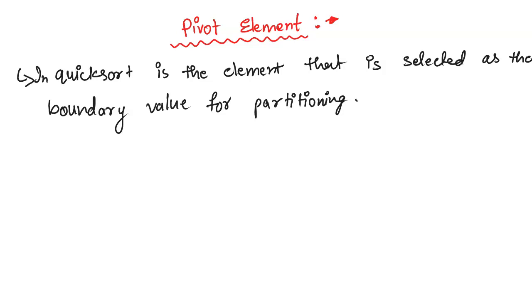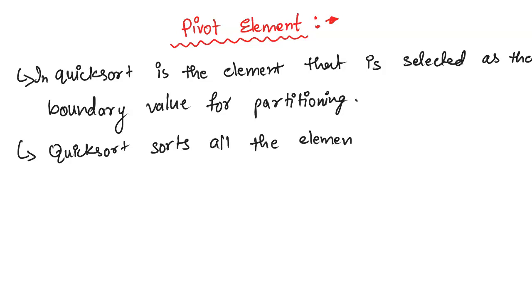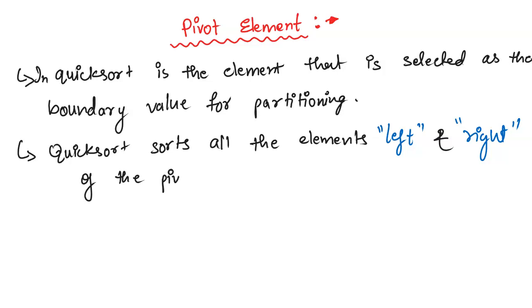Now basically quick sort sorts all the elements that are in the left and in the right of the pivot element recursively.